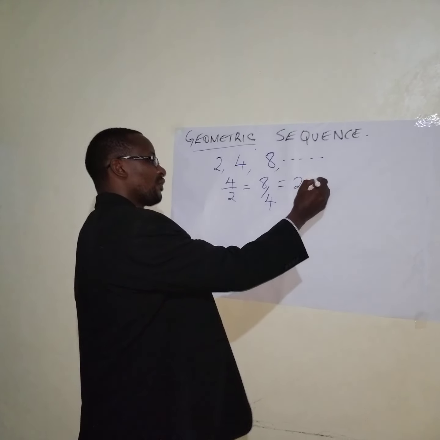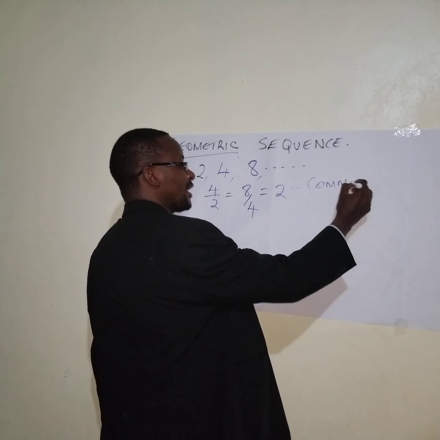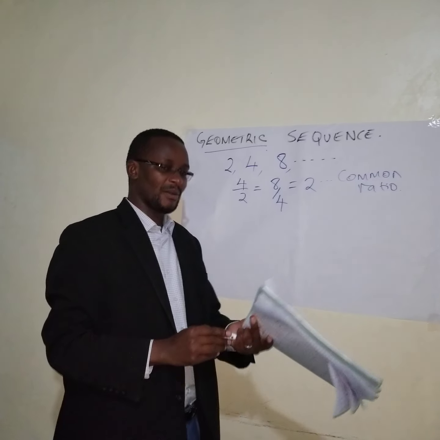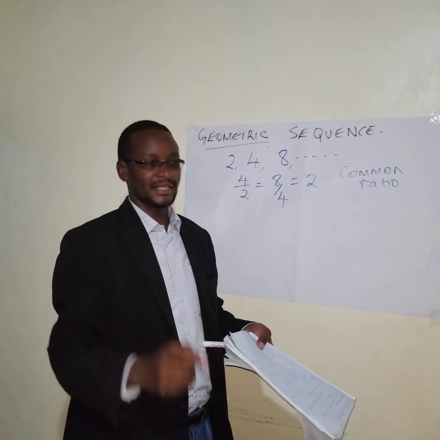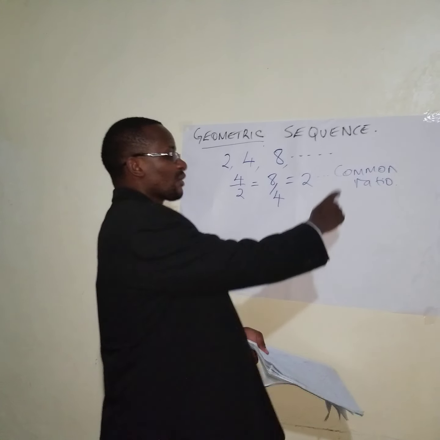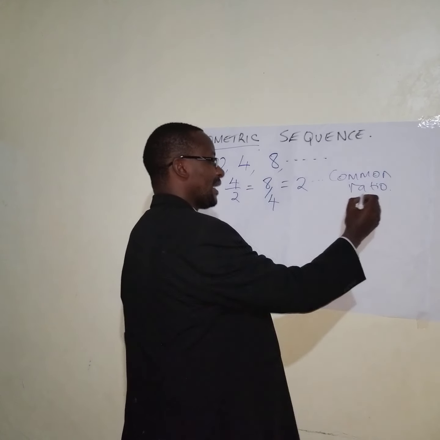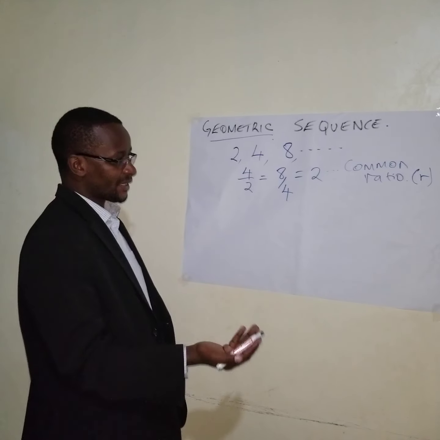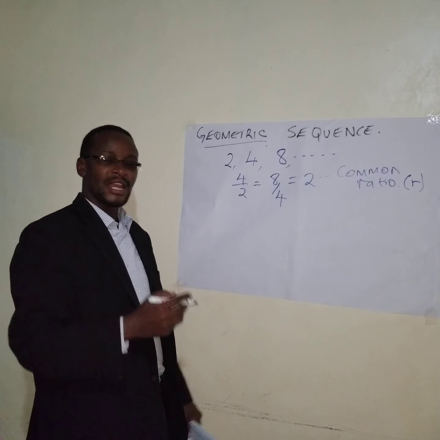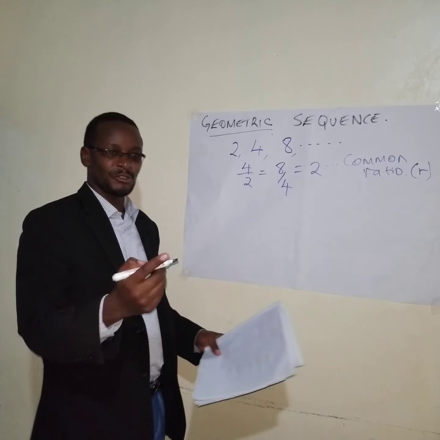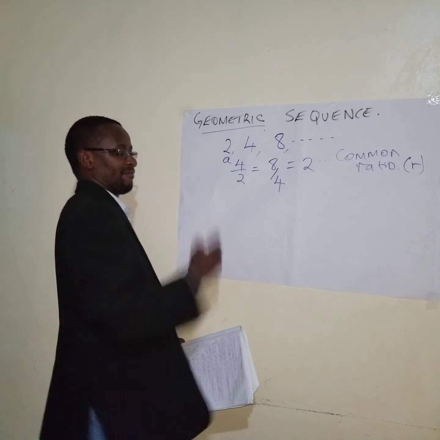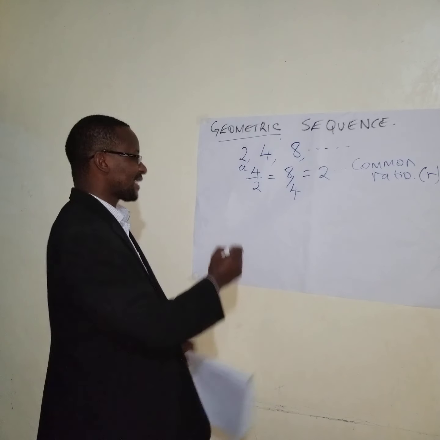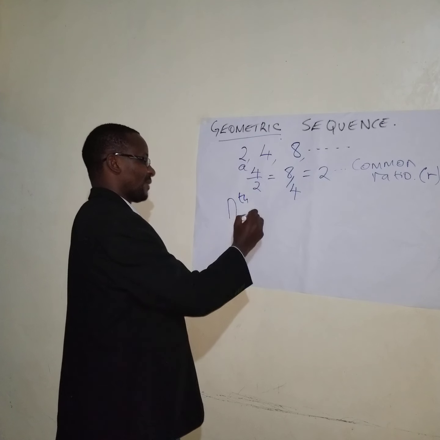And this ratio is known as the common ratio. Remember, for arithmetic sequence, we had something we were calling common difference, symbol D. So this is the common ratio, and the symbol here will be R. The first term, which is 2, in both sequences, whether arithmetic or geometric, is given the symbol A. Now, how do we get the nth term for a geometric sequence?